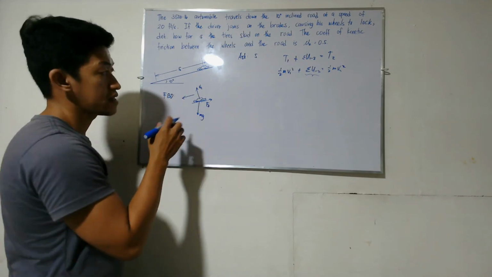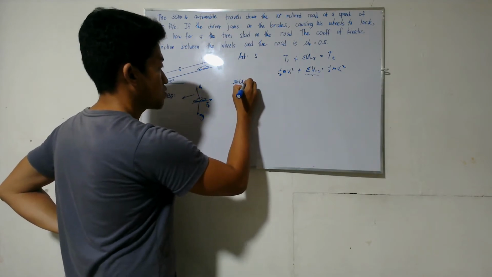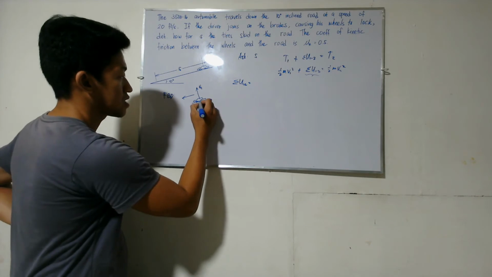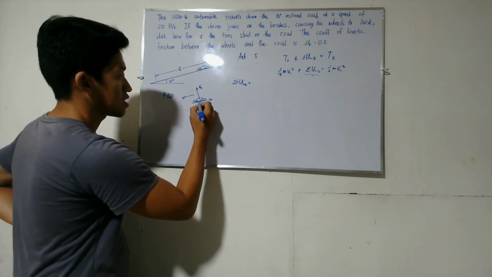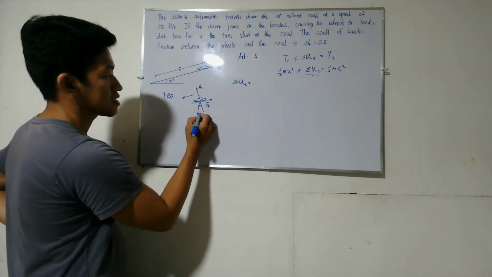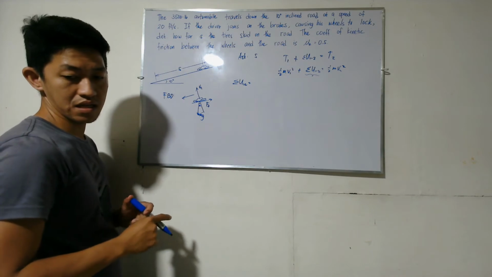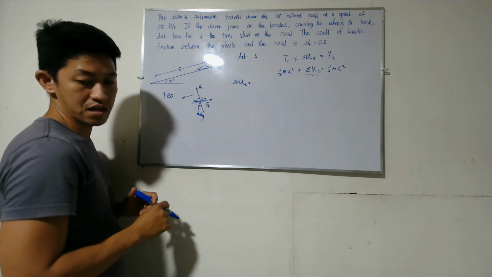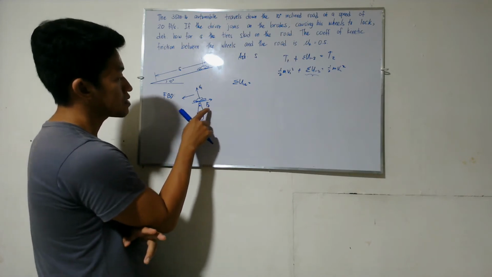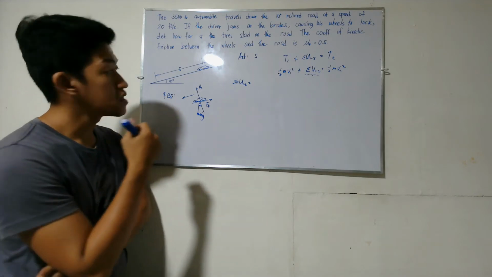Right? Therefore, your summation of work from 1 to 2 is just, this is 10 degrees, it's just this component minus the frictional force. Right? So what is it?